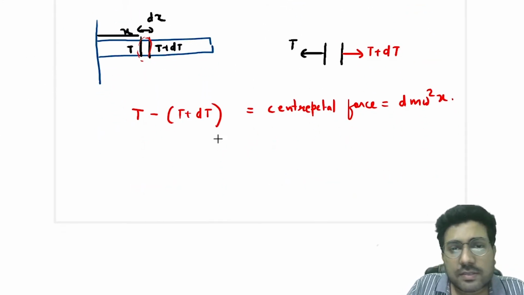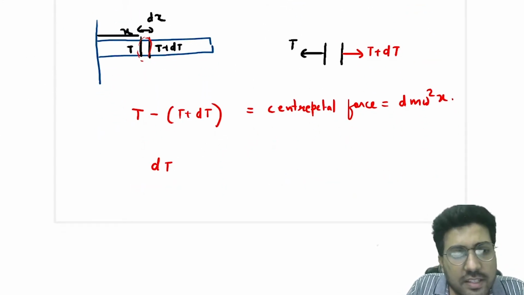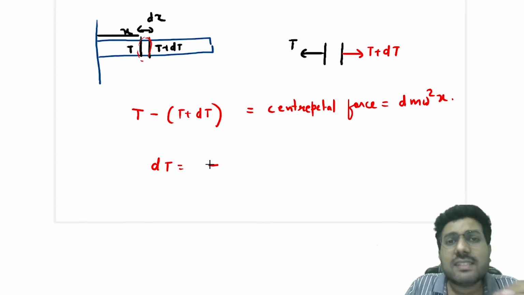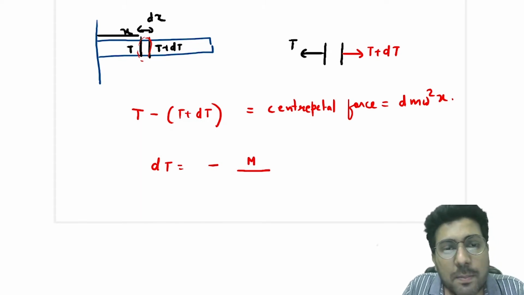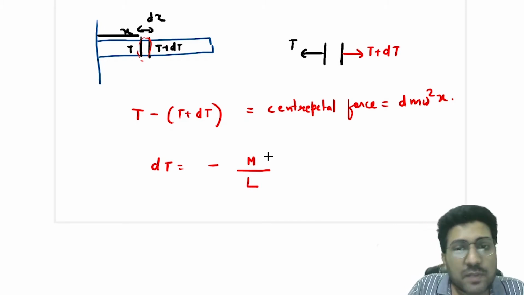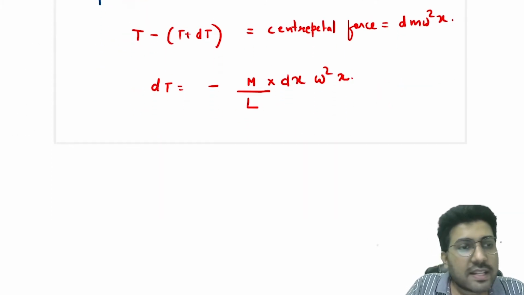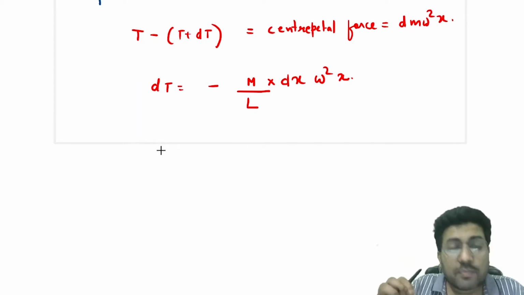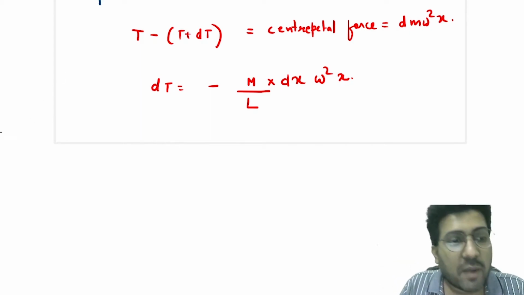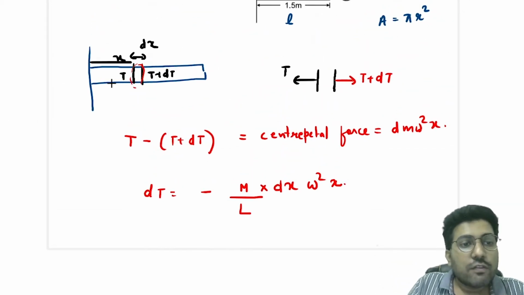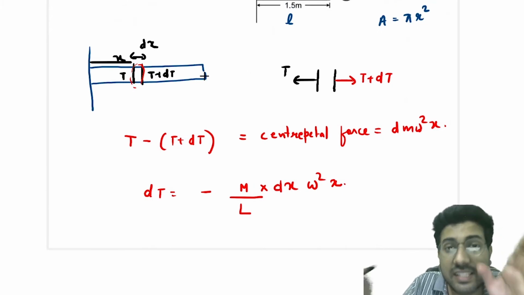Okay, so now you will write dT is equal to minus dm omega square x. Now what is dm? dm is mass per unit length, multiplied by length, and this length is dx. Okay, so from this we will get T, but integration, or putting the limits here, is the trickiest part. See, we know that as x increases, tension is decreasing. Why?